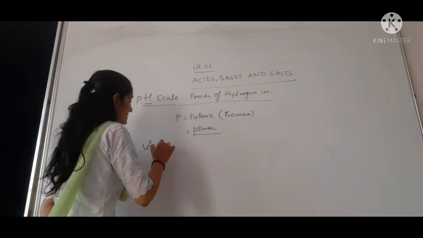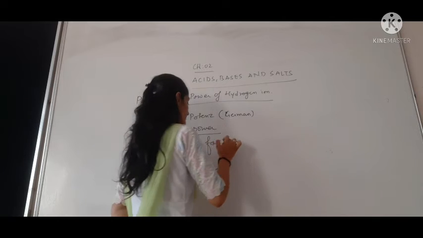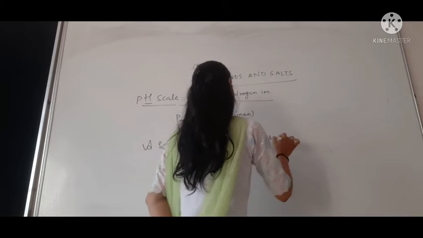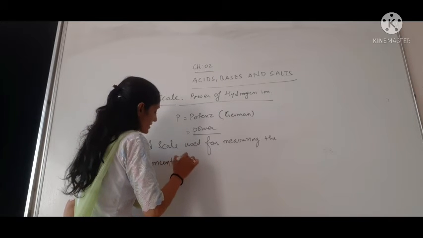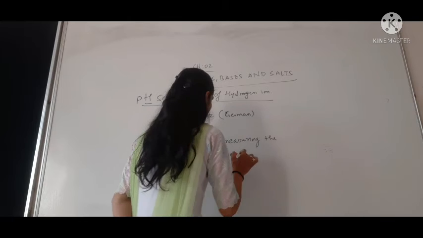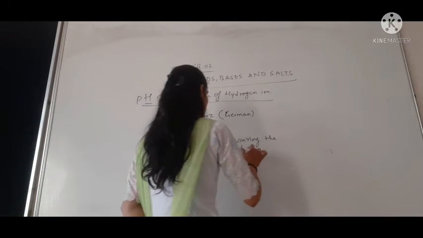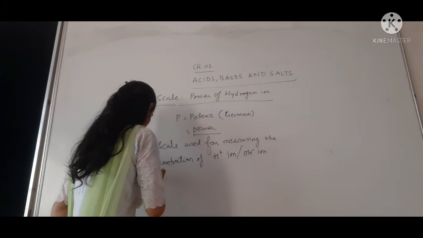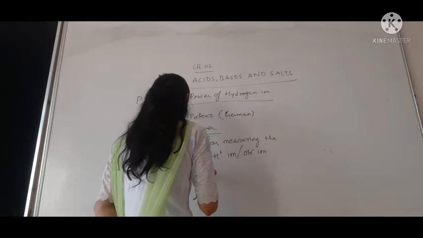A scale used for measuring the concentration of H plus ion or OH minus ion is known as the pH scale.